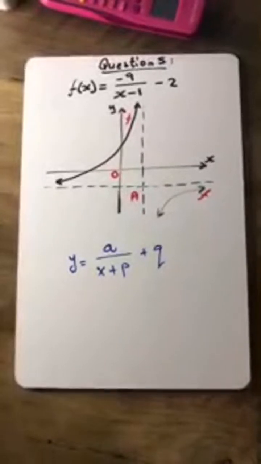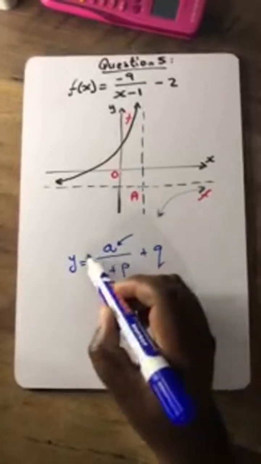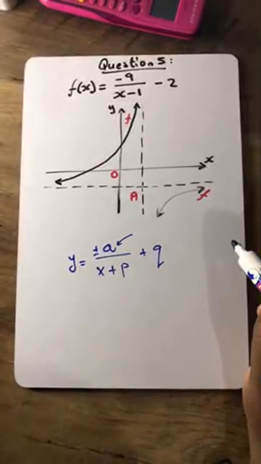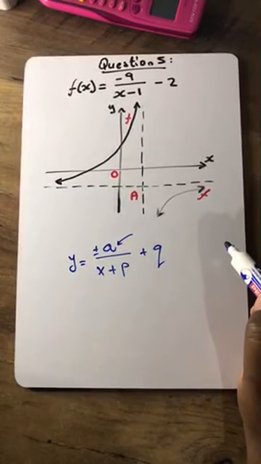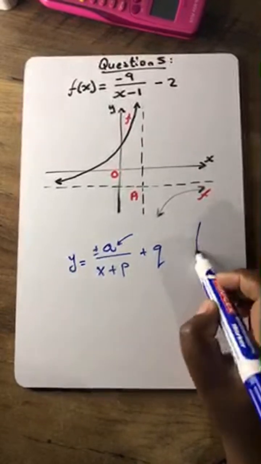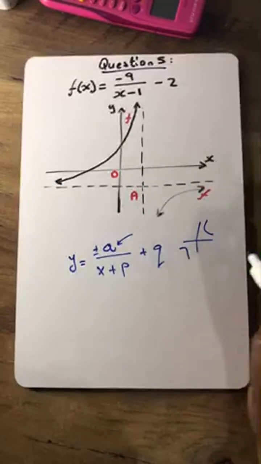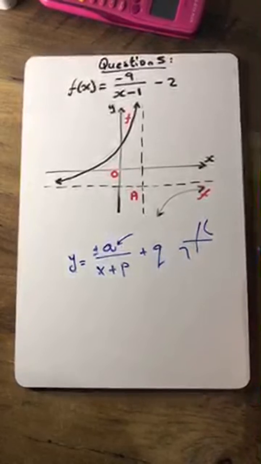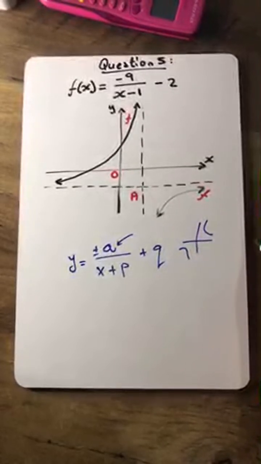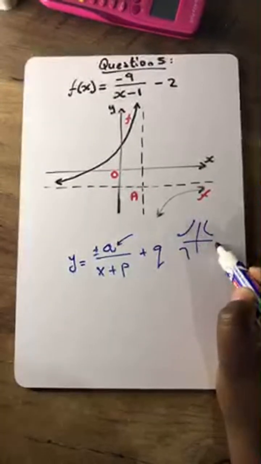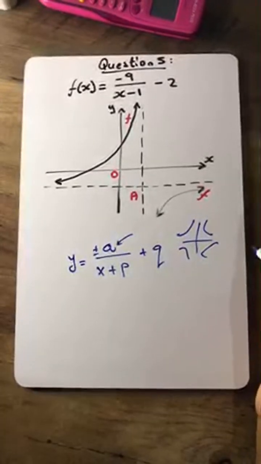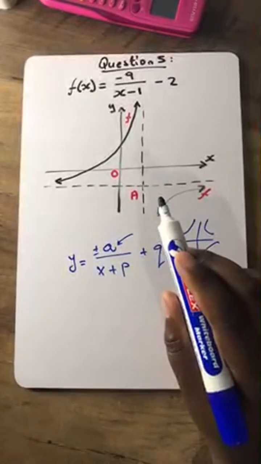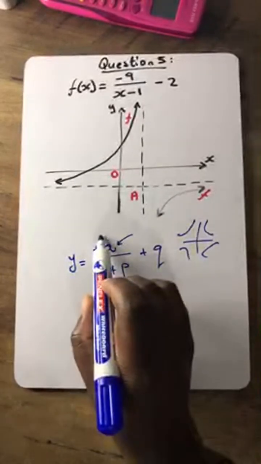I hope you do remember that part where we said that a can be positive or negative, and when it is positive, it means the graph falls in the first and third quadrants. And if it is negative, it means it falls in the second and fourth quadrants. In this case, our a value is -9.